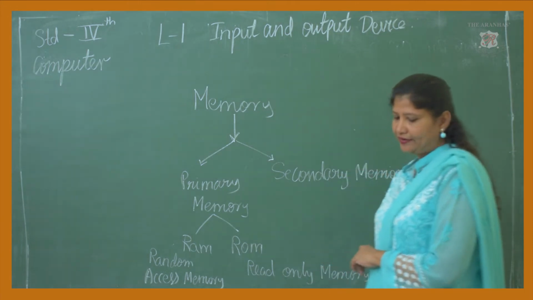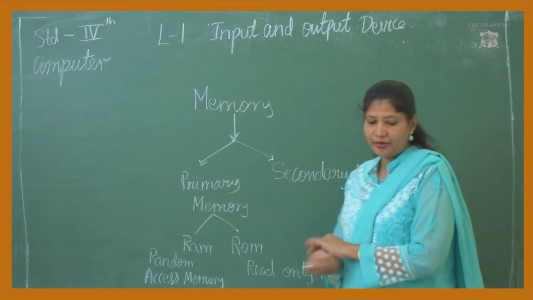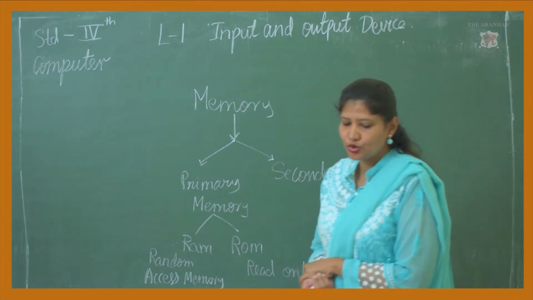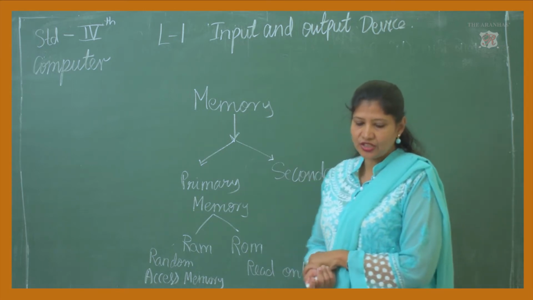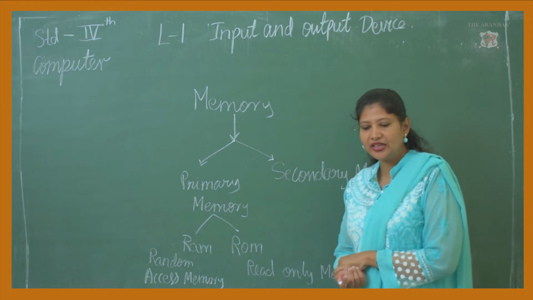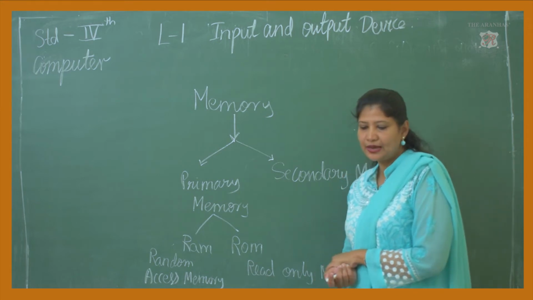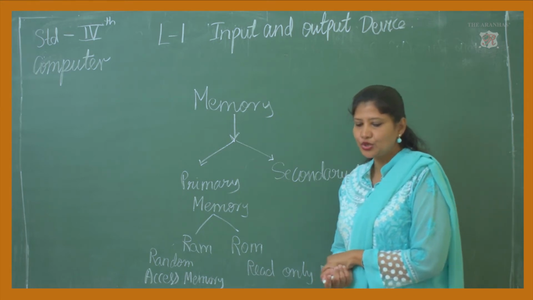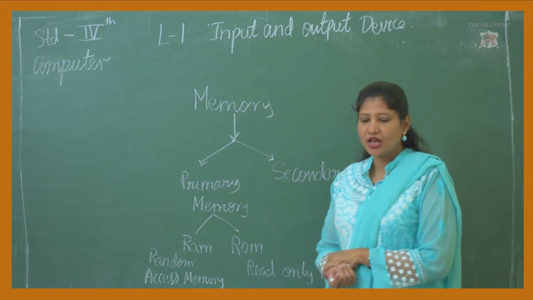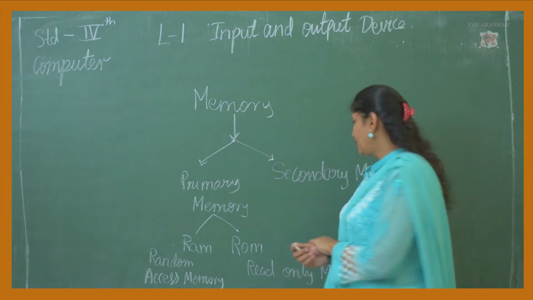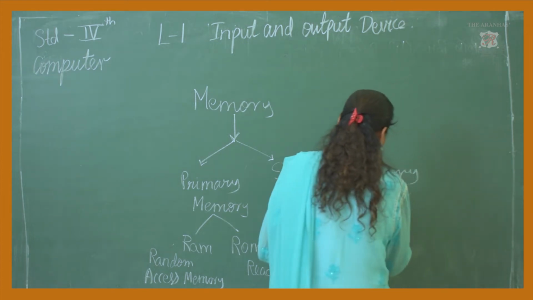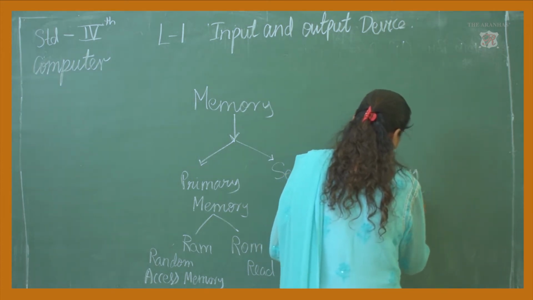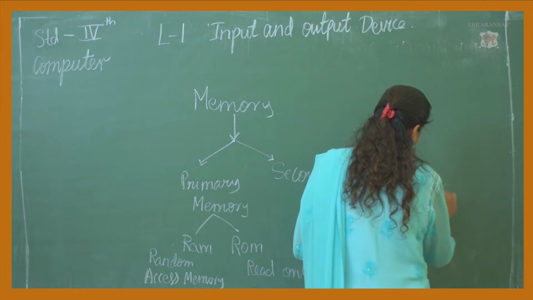Now about the secondary memory. The secondary memory is used to store data permanently. Its data is not erased even when the computer is switched off. Some commonly used secondary storage devices are hard disk, compact disk and pen drive.